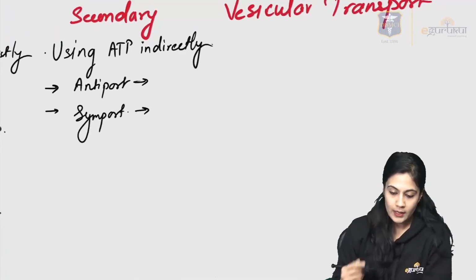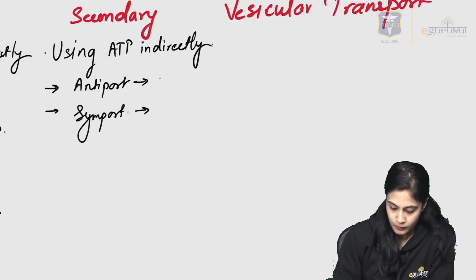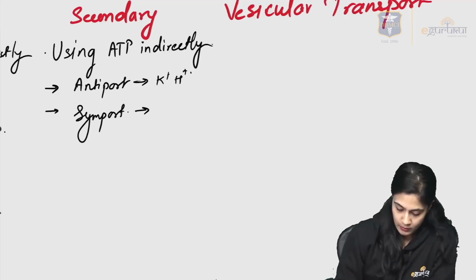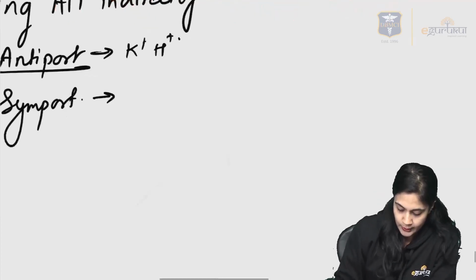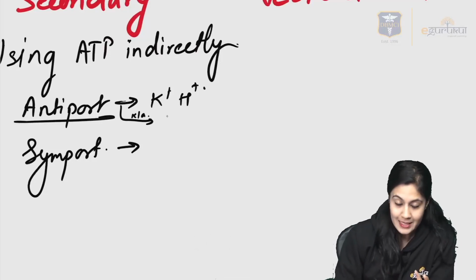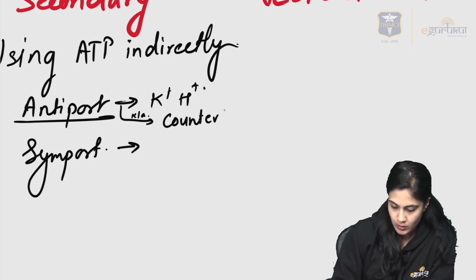Now, what are the examples? Antiport, the examples are the potassium hydrogen antiport, right? And there are many examples. You need to remember that antiport is also known as counter transport.